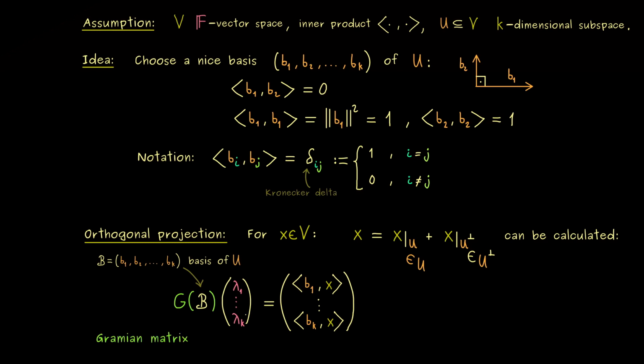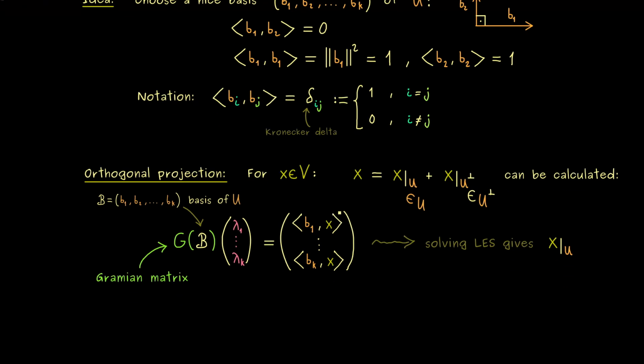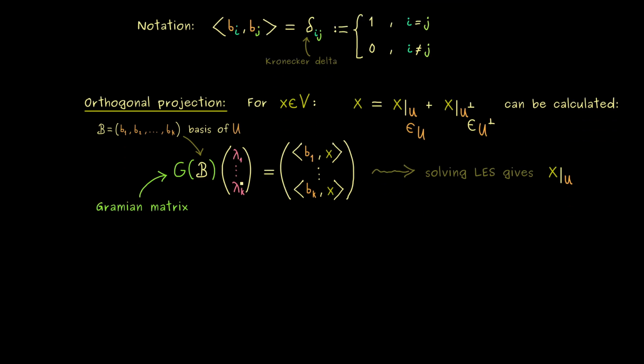However, the whole thing is not a big problem because just inverting the Gramian matrix solves the whole system. Or more efficiently, we can bring the system into row echelon form and find the unique solution. Therefore, this whole procedure is very quick if the Gramian matrix is in a nice form. And there you see, now the nice basis from the beginning comes in. So we just have to recall how the Gramian matrix was defined.